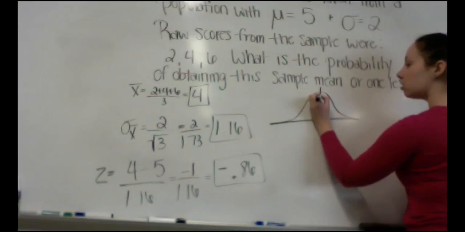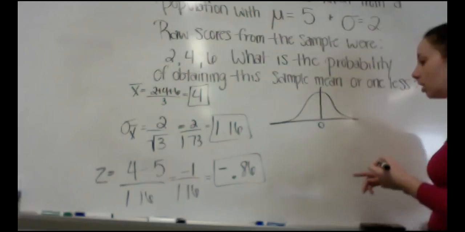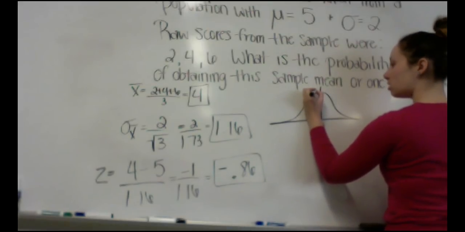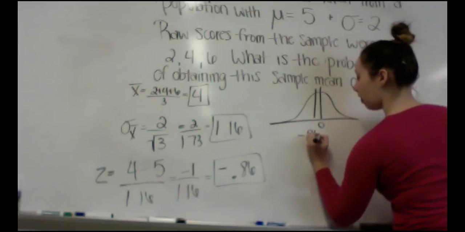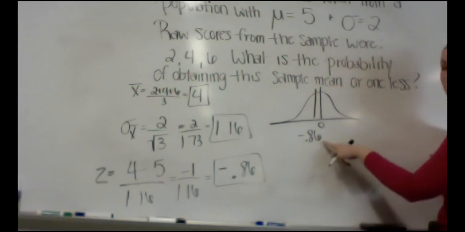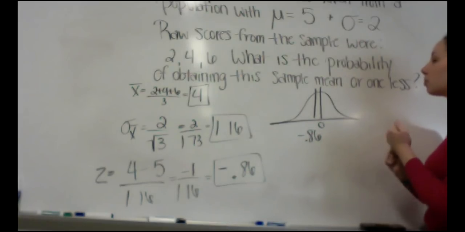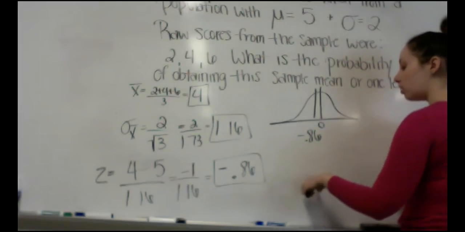Remember that 0 goes in the middle. That's always the mean. Our z-score is negative 0.86. So that's our z-score. The question is asking, what is the probability of obtaining this z-score or one less?